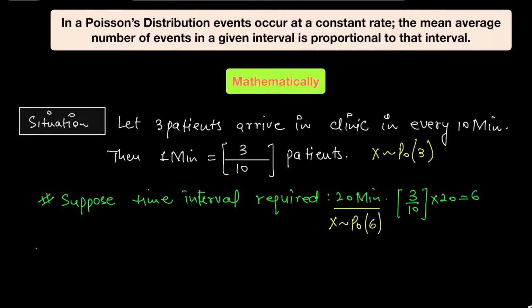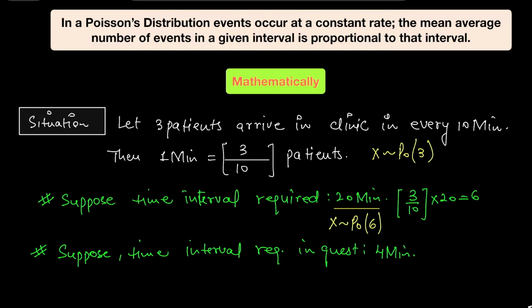In a similar way, suppose the time interval required in the question is 4 minutes. First of all, we need to understand that the 1 minute time interval is 3 over 10 patients. So the 4 minute time interval is going to be 3 over 10 times 4, and this will give you 1.2.